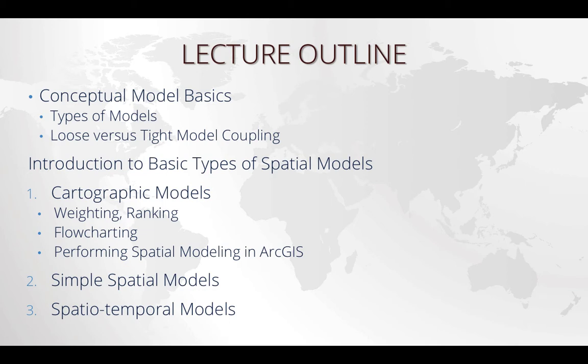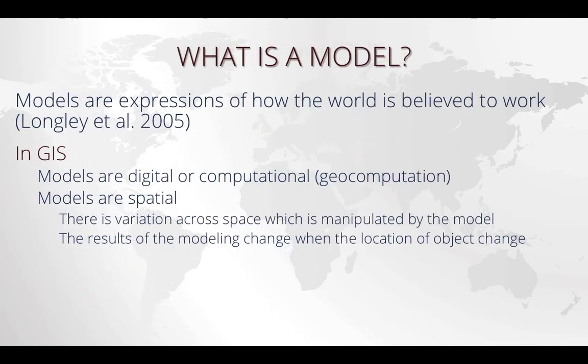Again, the major focus is going to be on cartographic models, and we're going to talk about some of the important steps of those. We'll also expand into more complicated types of modeling you can do within GIS, including simple spatial models and spatial temporal models. I'm also going to give a few editorial comments about modeling in GIS in general.